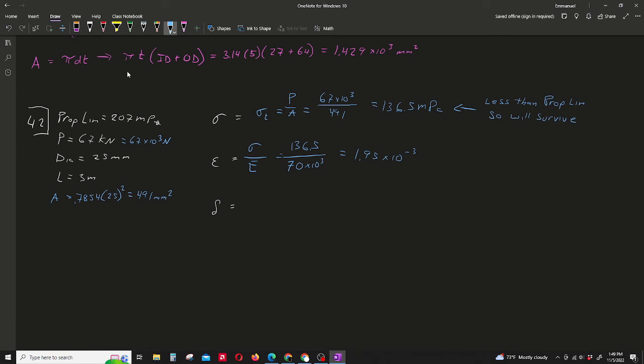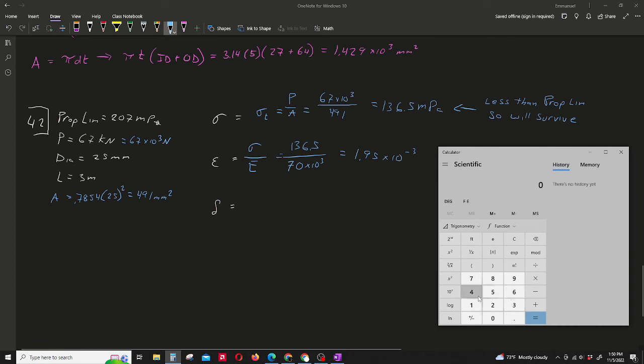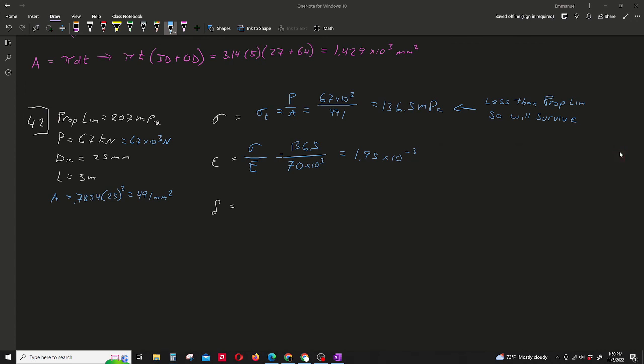But yeah, so that's 1.95 times 10 to the negative third. I believe they're supposed to both be negative there, because 70,000 is way larger than 136. Do I have my calculator with me? Let me see. Yeah, this would be 1.95 times 10 to the negative third. Sorry about that.